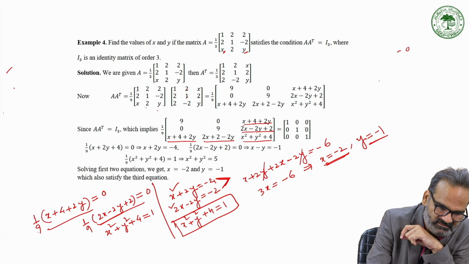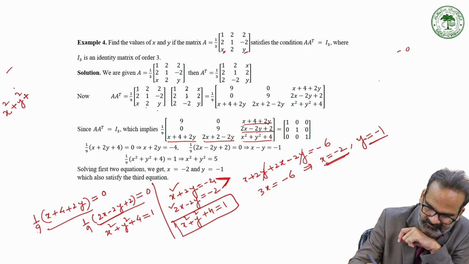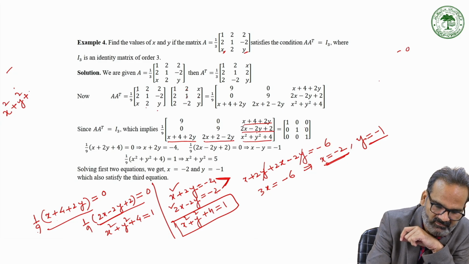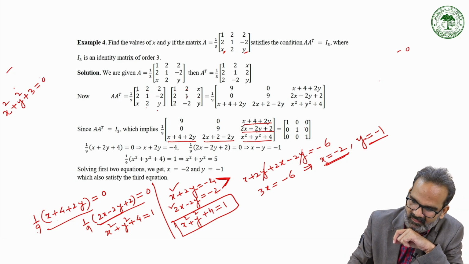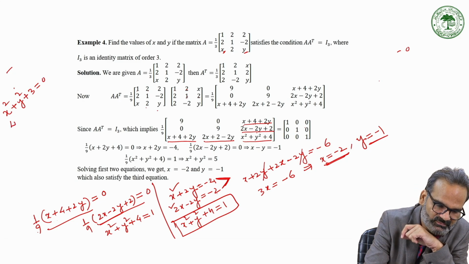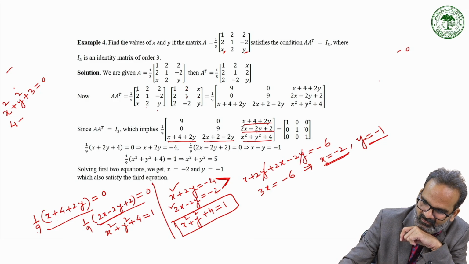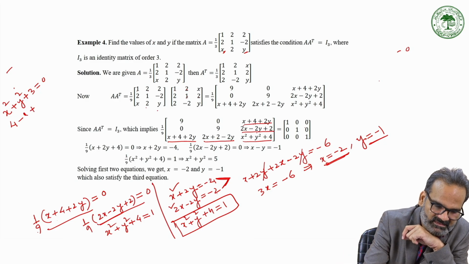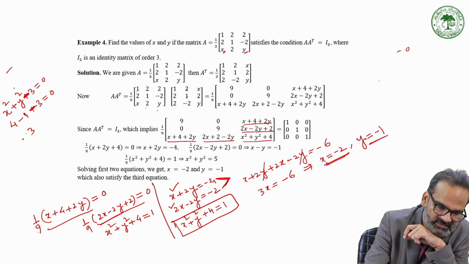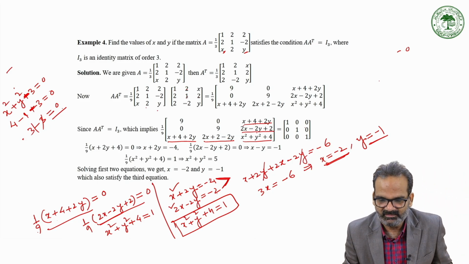Now see whether this equation is satisfied or not. x square plus y square plus 4 minus 1 is equal to 0. x is minus 2, so x square means 4, plus y is minus 1, so y square means 1, plus 3, minus... sorry, 4 plus 1 is 5 minus... 4 minus 1 is 3, minus 3, so 3 minus 3 cancels out, you will get 0, right.